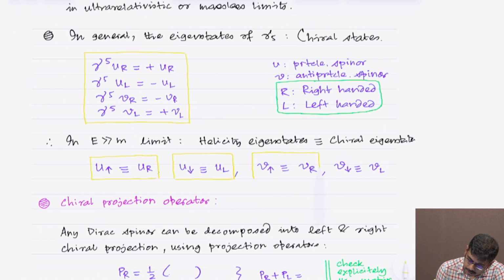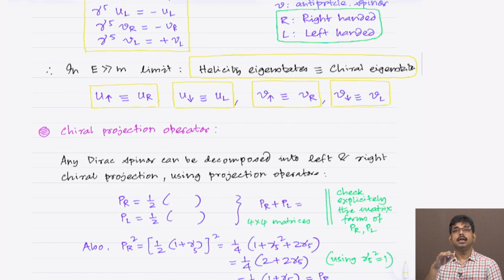Similarly, V up resembles VR, and V down resembles VL in the ultra relativistic limit, or in a sense helicity eigenstates are the chiral eigenstates. So, this is something that we have already obtained.